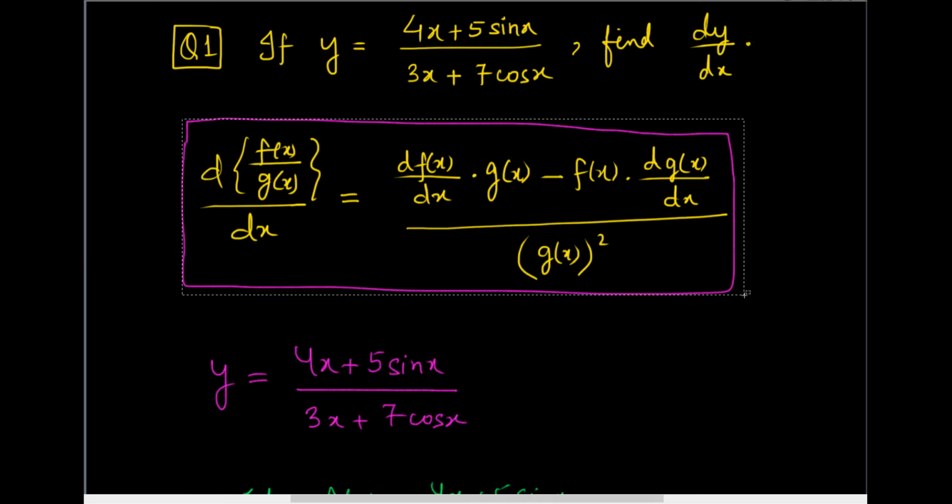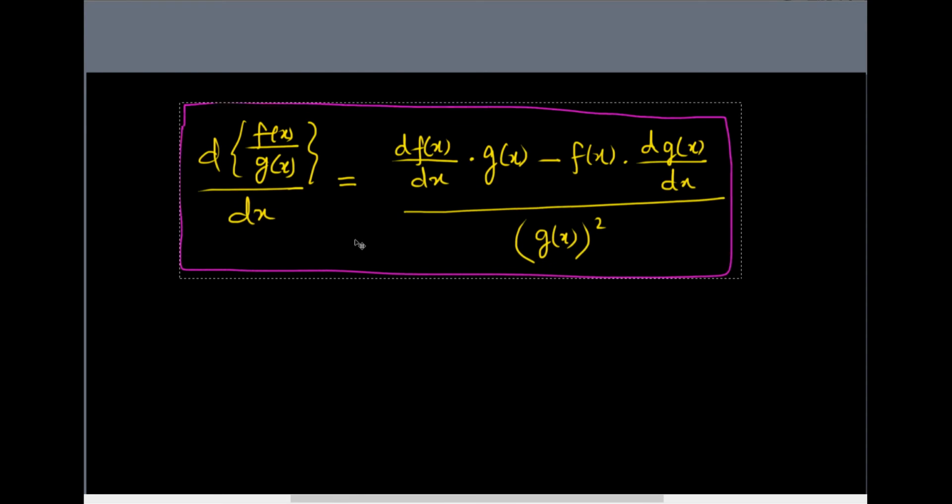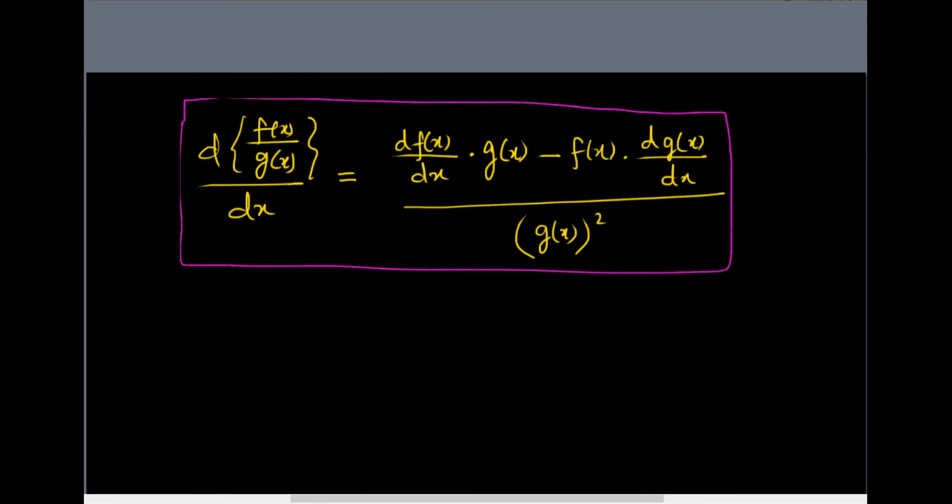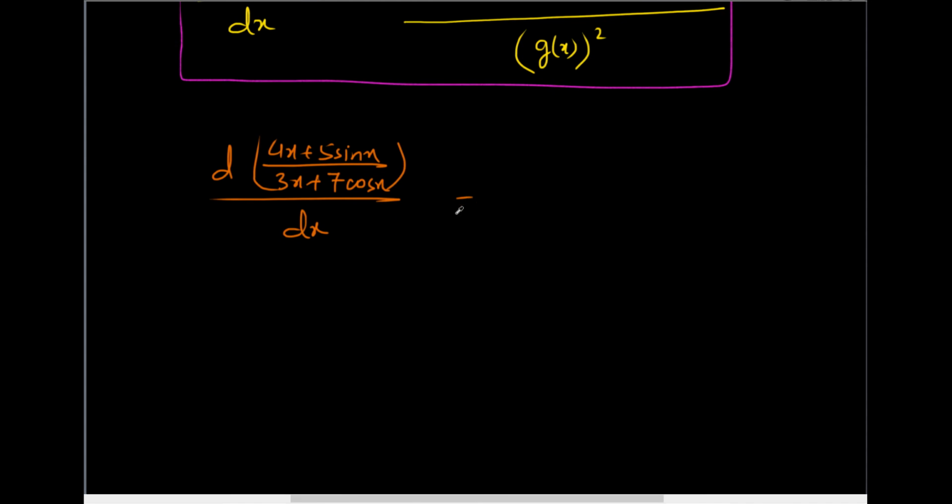First of all, let me again copy it. I'm just copying it so that we can see what is happening and how we are applying the formula. So this is the formula, and here we have to differentiate the function 4x plus 5 sin x over 3x plus 7 cos x with respect to x.